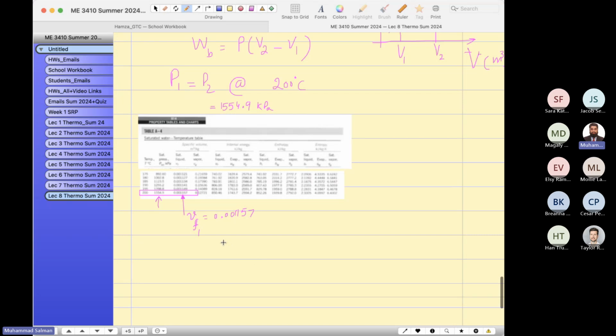So remember, for V2, you can find it out. And remember, Vf will not change because it's a constant pressure process inside the liquid vapor mixture, so it will not change. I will just write it down like this. What is Vg?